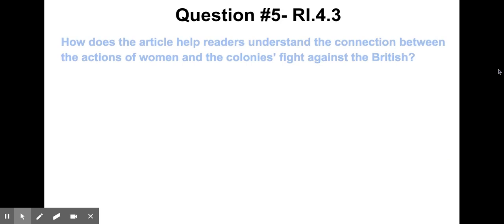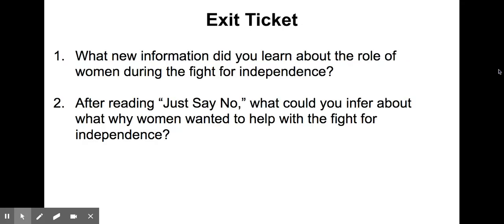And 5, how does the article help readers understand the connection between the actions of women and the colony's fight against the British? Again, please write your answers down on a sheet of paper or type them up in your class notebook under class notes on Teams.